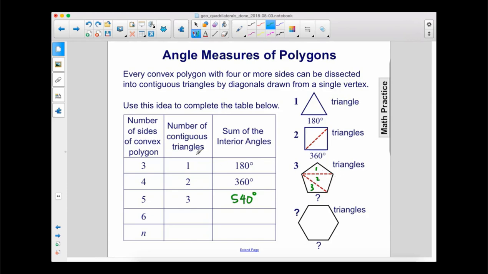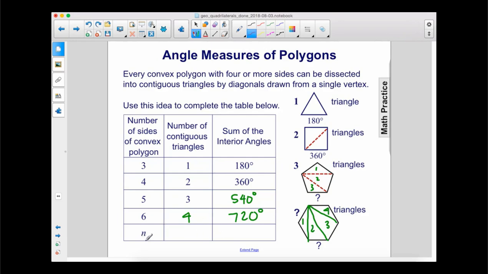interior angles. Alright, if we have a 6-sided convex polygon, then how many triangles can we draw? 4. So we have a vertex, we can draw diagonals like this, and that is 1, 2, 3, 4 triangles. 4 times 180 gives us 720 degrees as the sum of the interior angles. Now what's the rule that we can write?